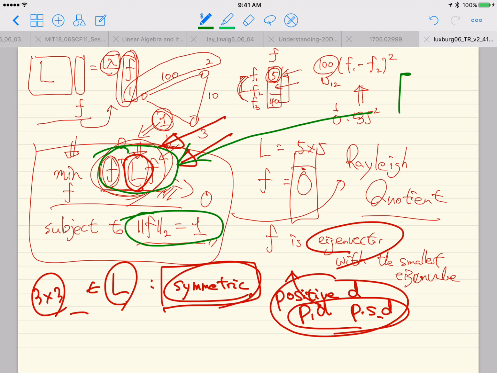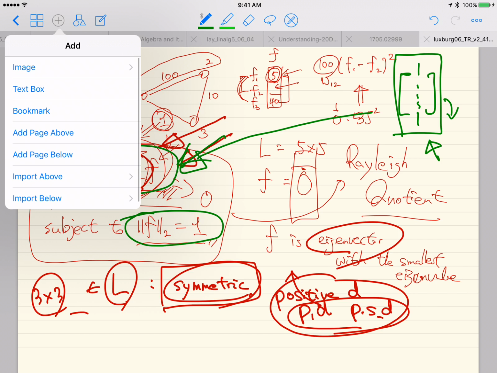And this all-ones vector achieved the smallest value in this objective criterion, which means this guy will become your eigenvector that has the smallest eigenvalue. Okay, so how can we verify this guy is an eigenvector?